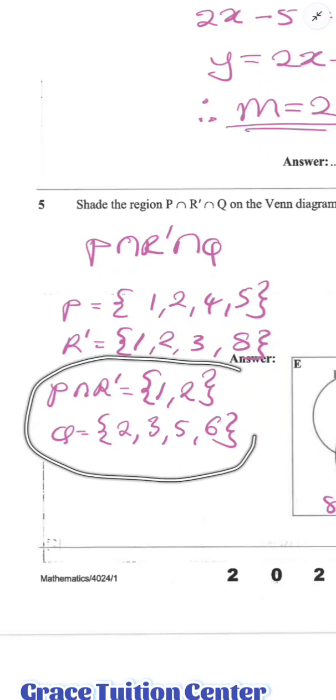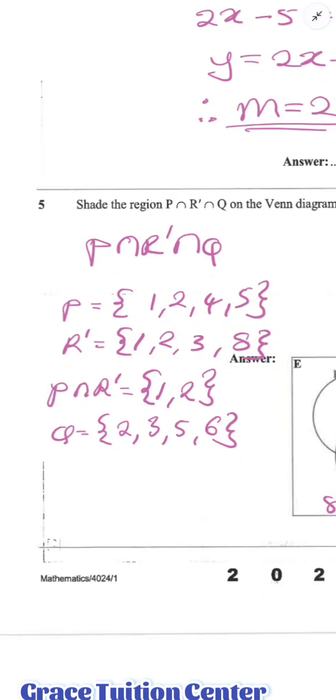work to check out where my answer is, from these two, I'm going to check when we say P intersection R complement intersection Q, we are simply saying what is found in P intersection R complement, this set here, that is also found in set what?